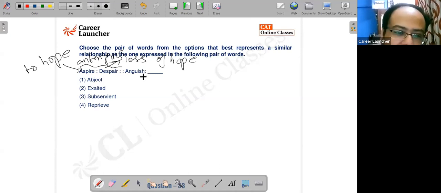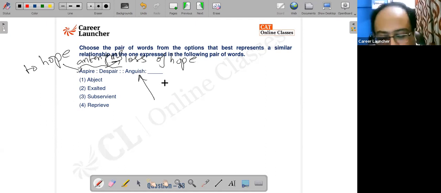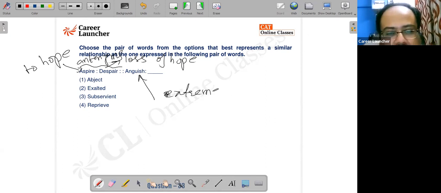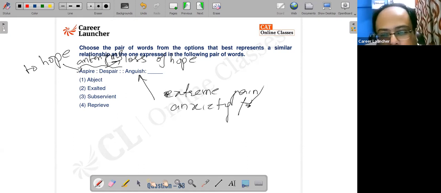Now let's look at anguish. Anguish is basically a negative word. Anguish refers to extreme pain or anxiety or worry.